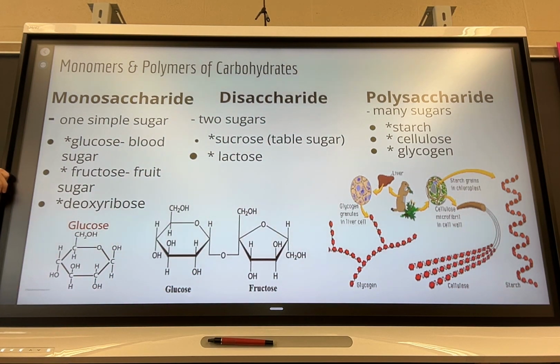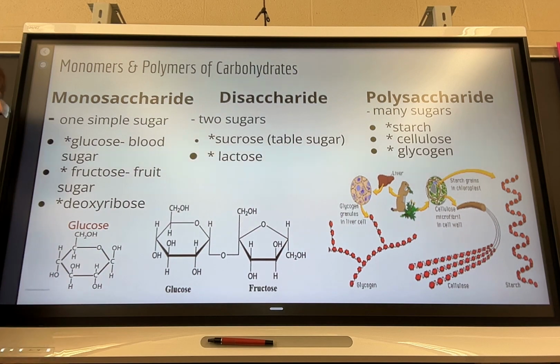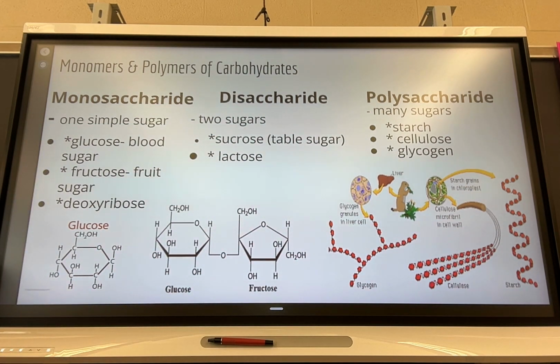Fructose is fruit sugar. You commonly see this in high fructose corn syrup, in your drinks or sodas or things like that. Another one that we're going to talk about, especially when we get to nucleic acids, is one called deoxyribose. We actually find this in our DNA. If we combine 2 monosaccharides, we get a disaccharide.